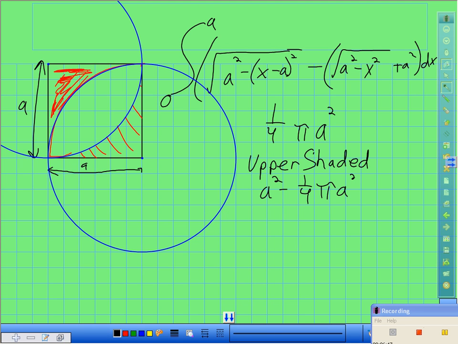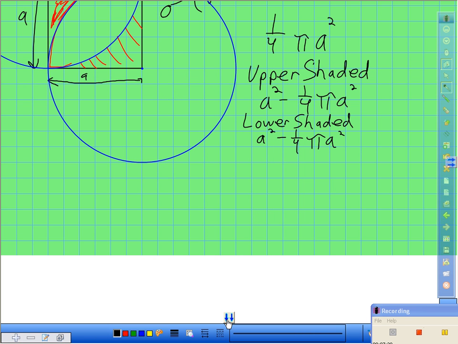What's the area of the lower shaded? It's the same, wouldn't it? All right, so together, if I was going to do this together, it would just be 2 times that, right? So, let's do this. It's big shaded.